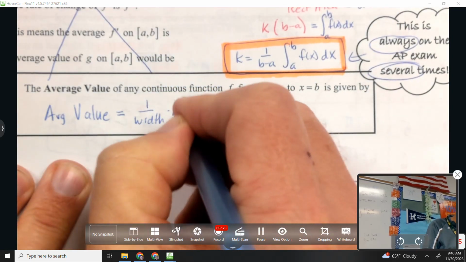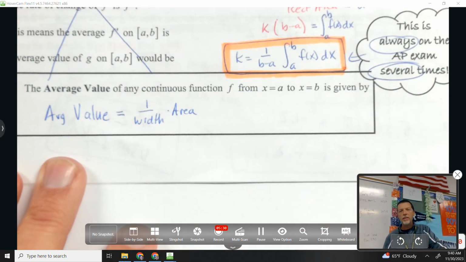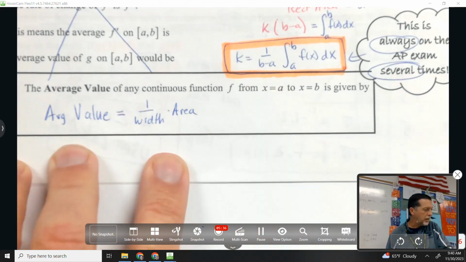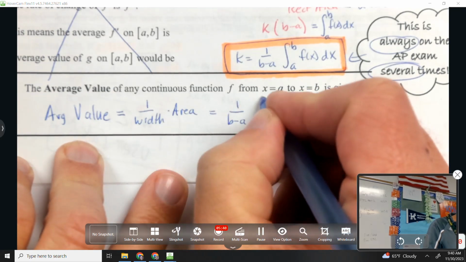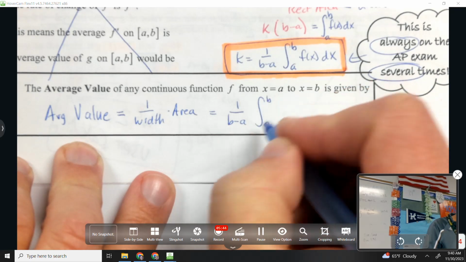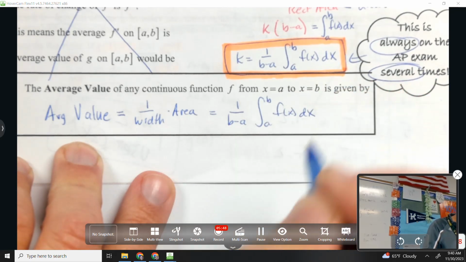So it's 1 over the width times the area, or the area divided by the width. Again, that doesn't really help you, unless it helps you remember the details of the formula. So 1 over b minus a, that's 1 over the width, times the integral from a to b of f of x dx.